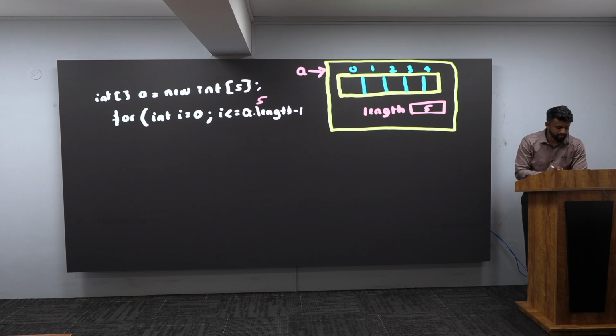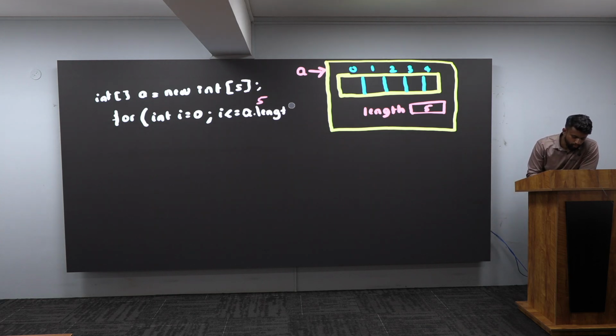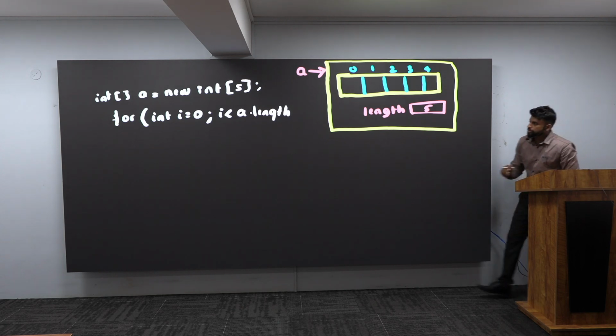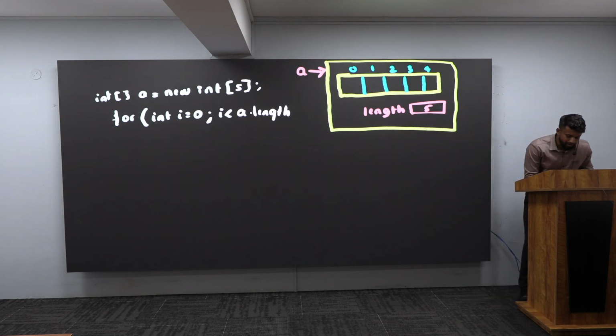And some students will tell, sir, can I code it this way also? I less than A dot length. 100%, this is also eligible. Means I should go until 5. What is the meaning?